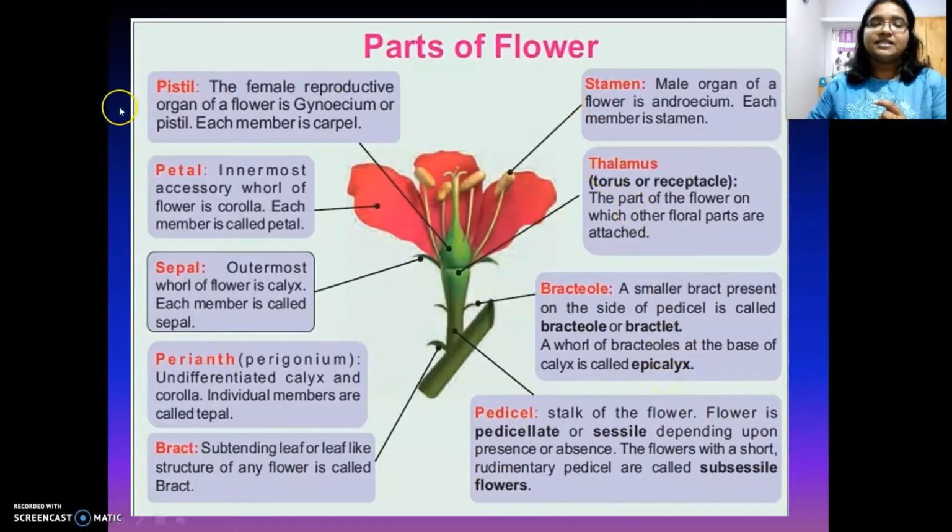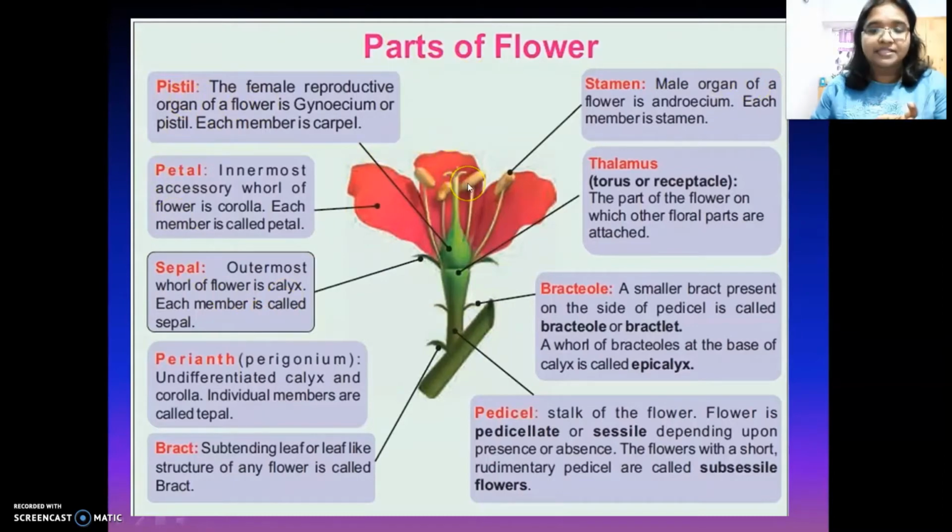So I told you these are the most important parts of the flower, majorly four main parts: sepal, petal, the female reproductive part and the male reproductive part. All this we are going to study in detail.